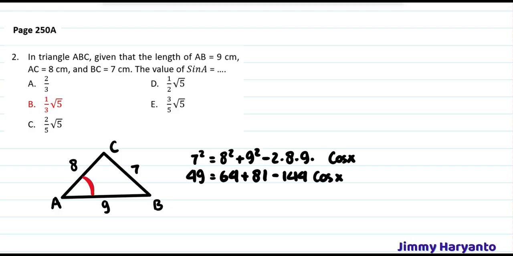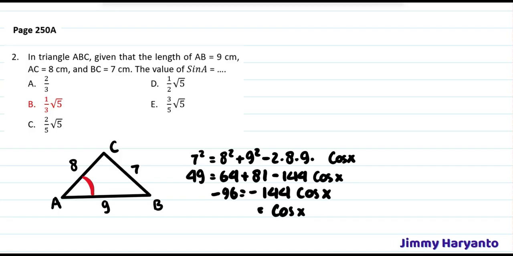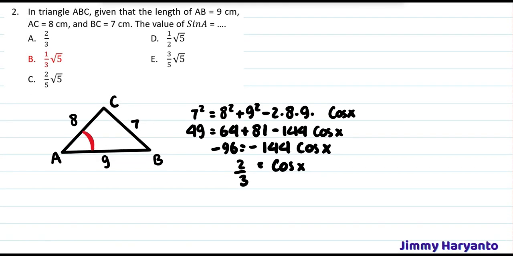And then 49 minus 64 minus 81 equals negative 96 equals negative 144 cos x. That means cos x equals 96 divided by 144. You'll have 2 over 3 as the result.